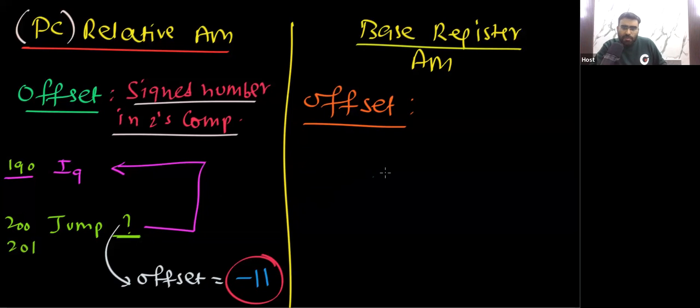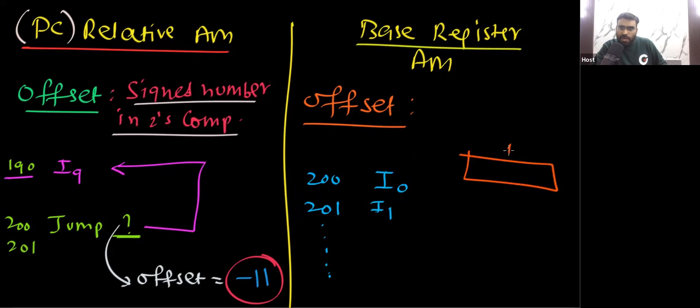No, no, no. Because your first instruction itself is here, and so on. And your base register contains this address, 200. The effective address will be what?